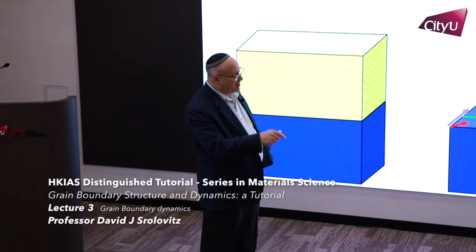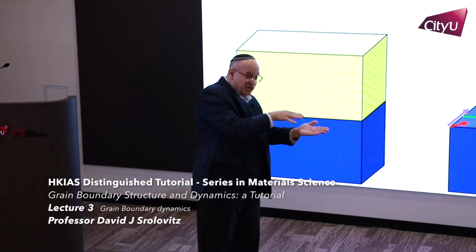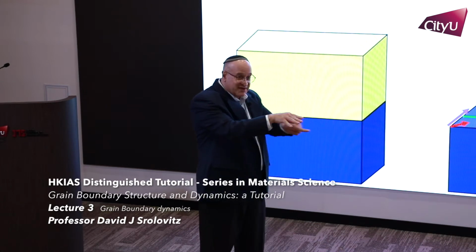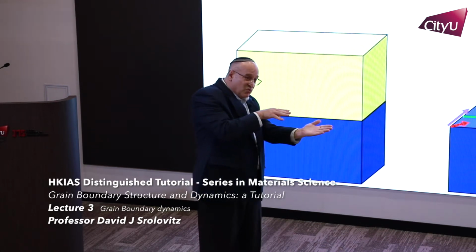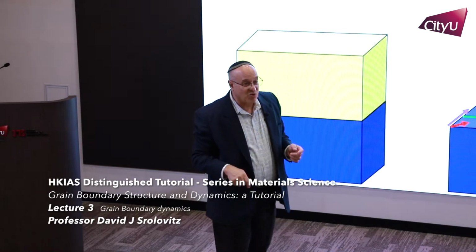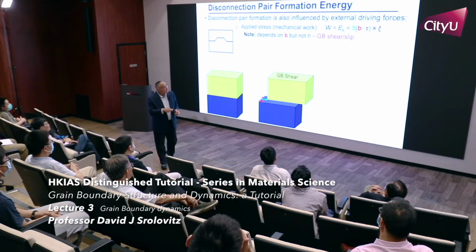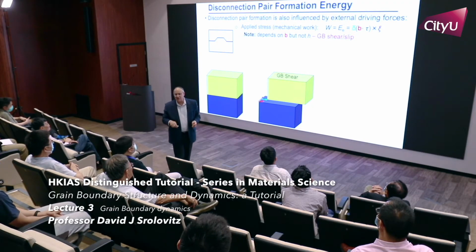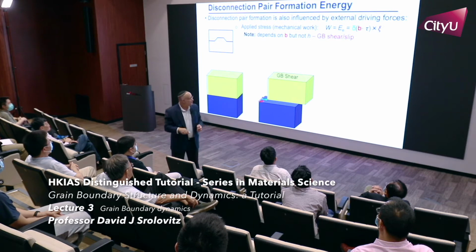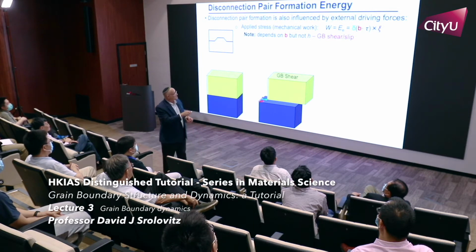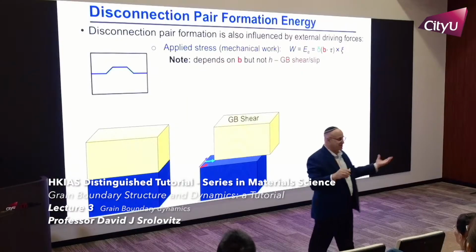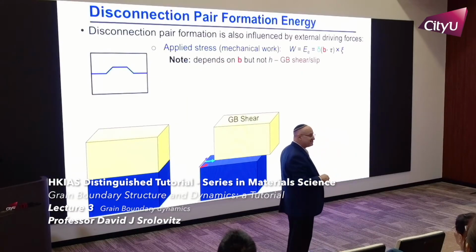And if I put on an applied stress like this, shear like this, and the Burgers vector is in this direction, when it goes through, I'm doing mechanical work. So this is the disconnection version of the Peach-Koehler force times how far it moves. So it's force times distance.